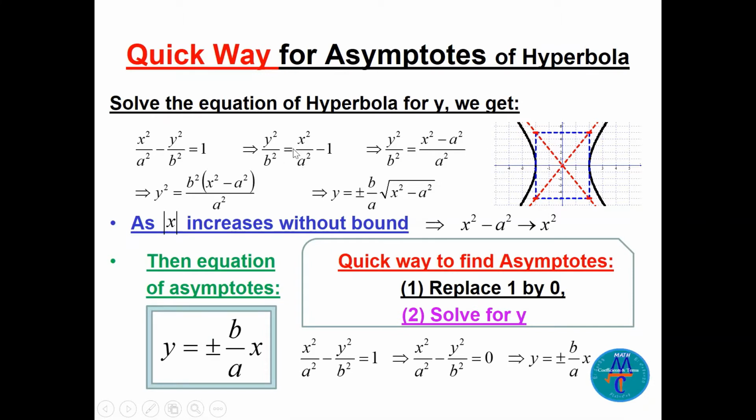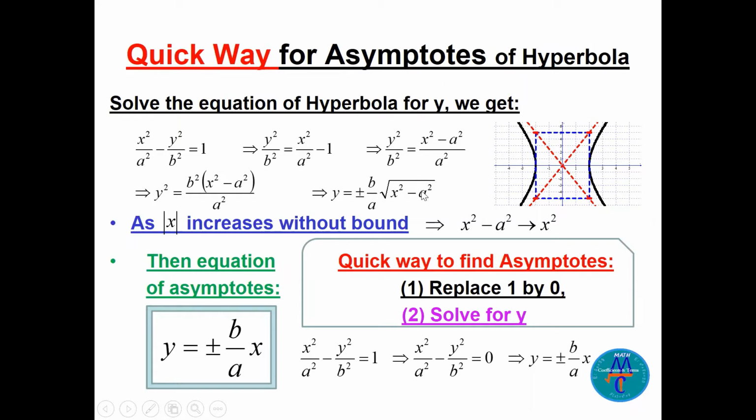Take this on the other side: y squared over b squared is equal to x squared over a squared minus 1. Here we add on the right side, x squared minus a squared over a squared. Multiply by b squared, I get y squared is equal to that. Take the square root of both sides, y will be plus or minus b over a, the square root of x squared minus a squared.